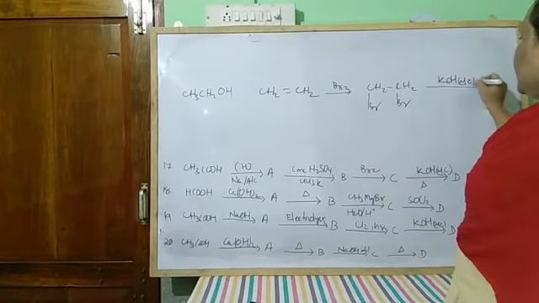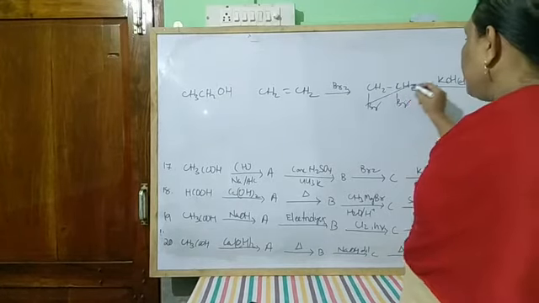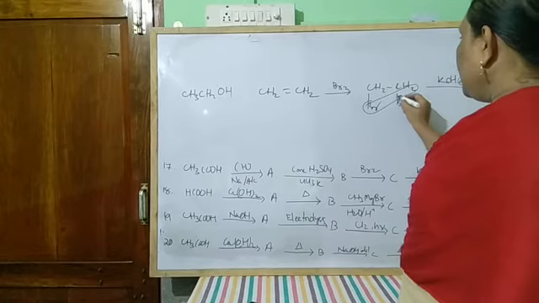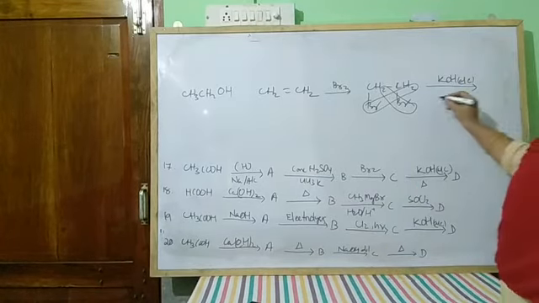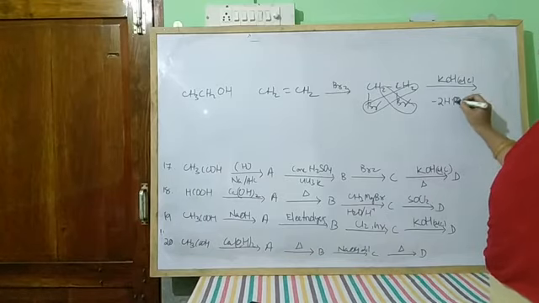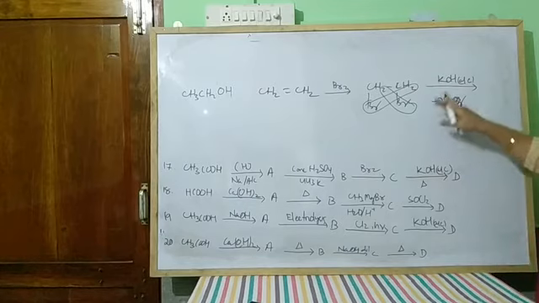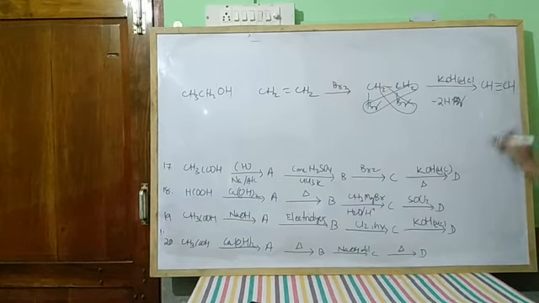alcoholic KOH, dehydrohalogenation reaction takes place, Br and H from here and Br and H from here. So in this way, minus 2 HBr. So HBr reacts with this to form 2 KBr as well as water, and the final product is acetylene.